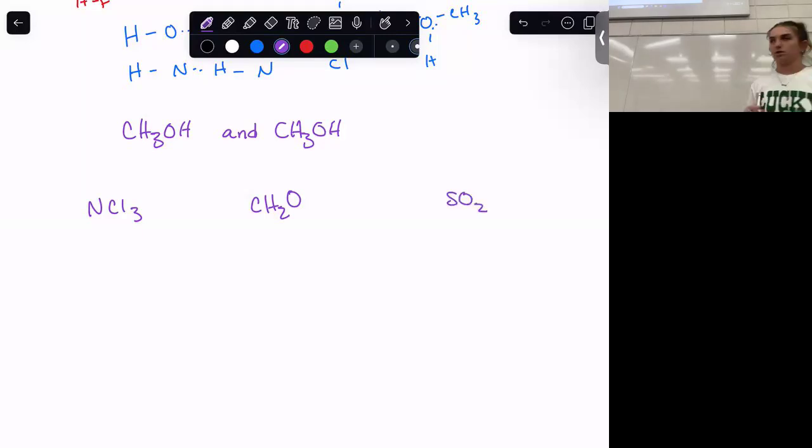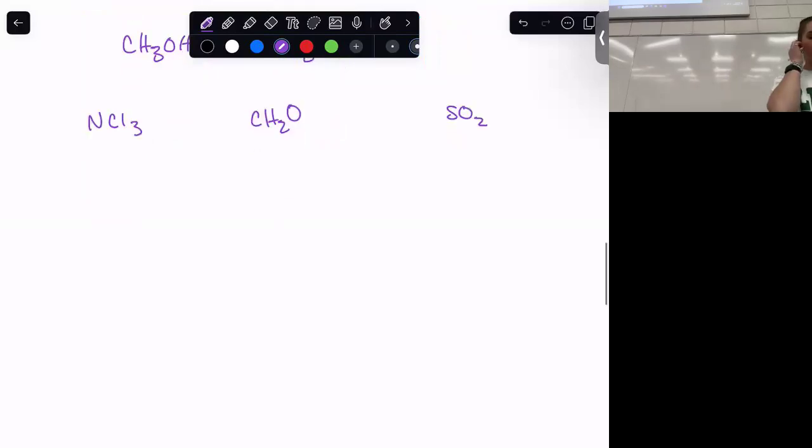Okay, let's look at these three compounds first. If we're looking at NCl3, I'm going to have you take a couple minutes and draw the Lewis structure for all three of these. We'll have you practice that first.